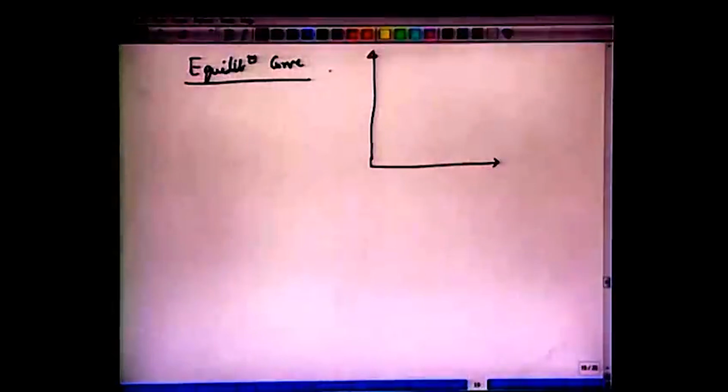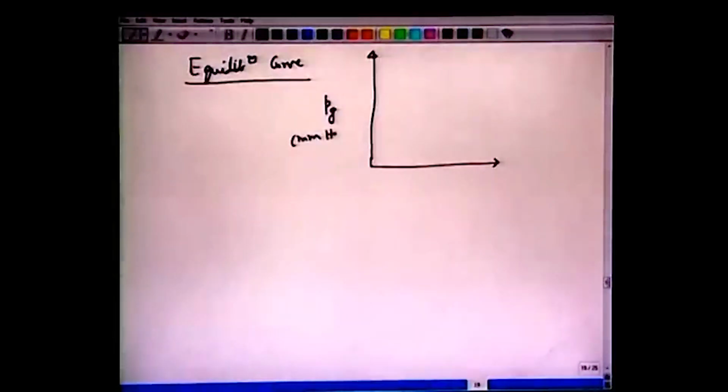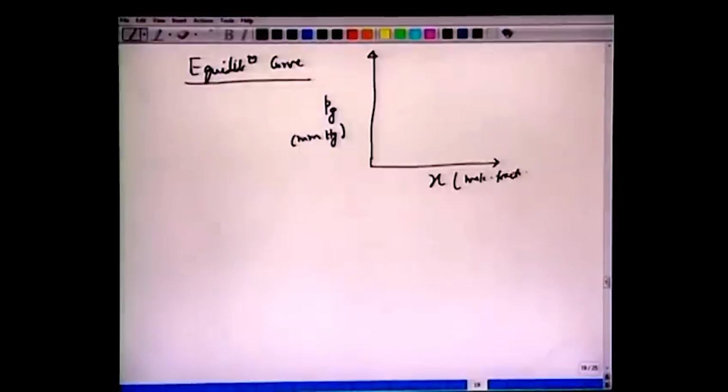So, we are trying to obtain, or we are starting from here. Given partial pressure in the gas phase, say certain millimeter of mercury, how much should be x? So, Pg versus x or x versus Pg, mole fraction of gas in liquid phase.